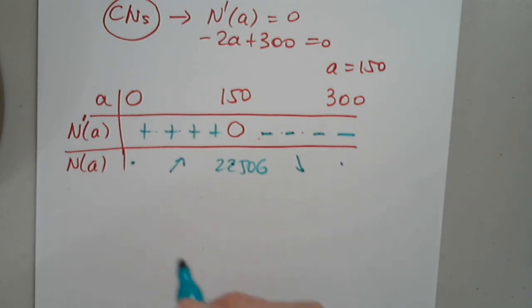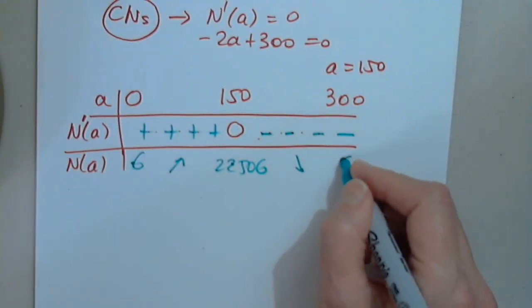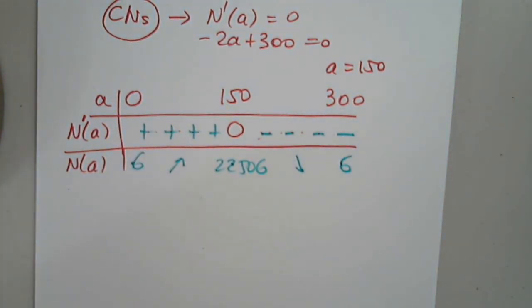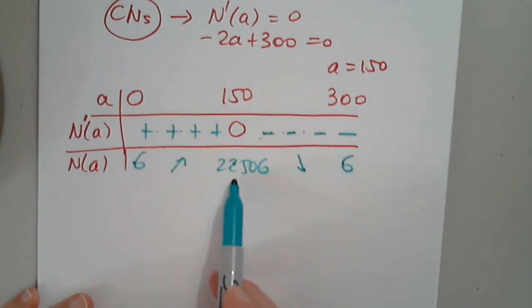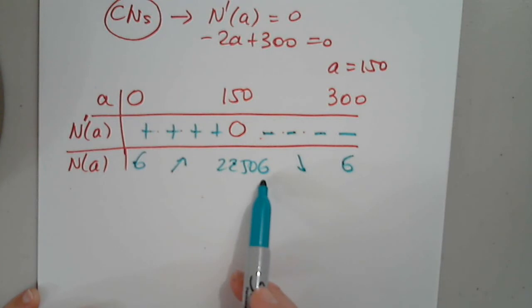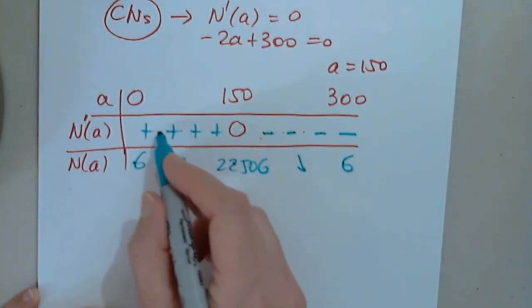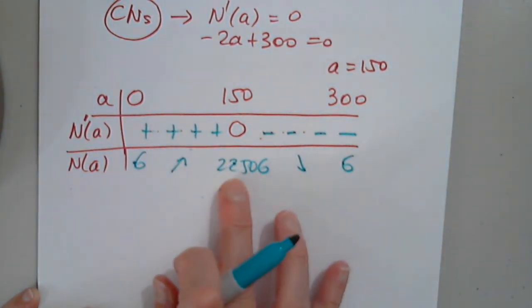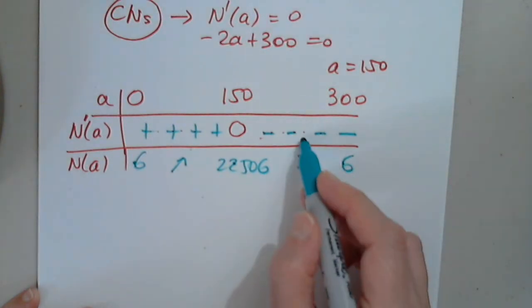I copy, at 0 is 6, at 300 also 6. Perfect. So now I know that from 6 to 22,506 units is increasing, very clear. From 6 to this must be increasing, from this to this must be decreasing.